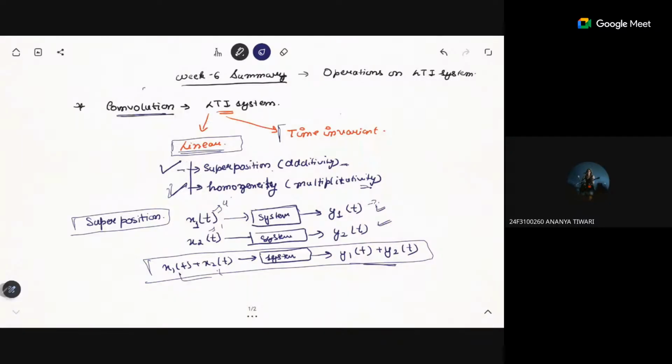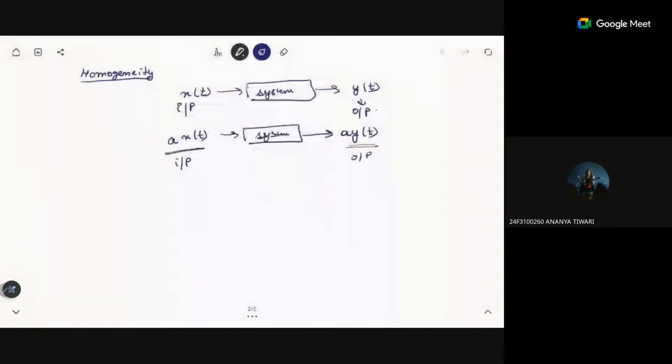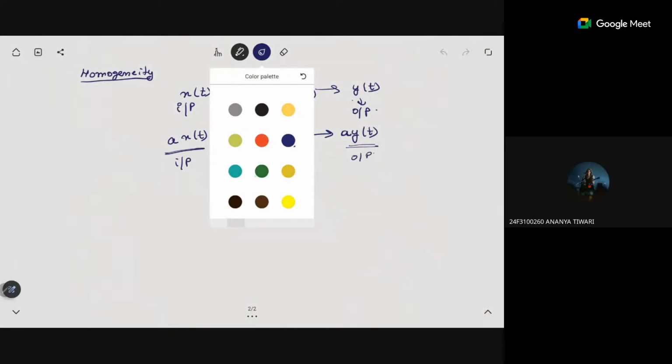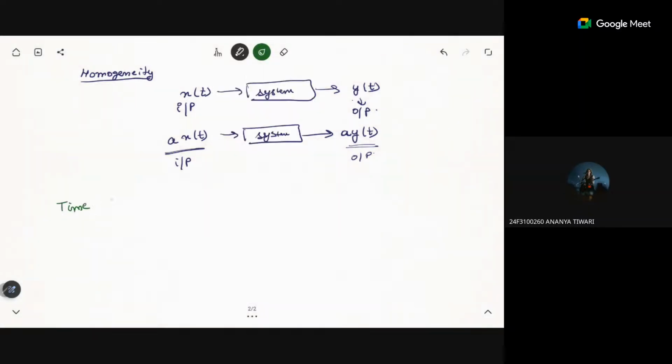Now coming to time invariant. Let me change the color. This was discussed in week 5 as one of the types of systems.